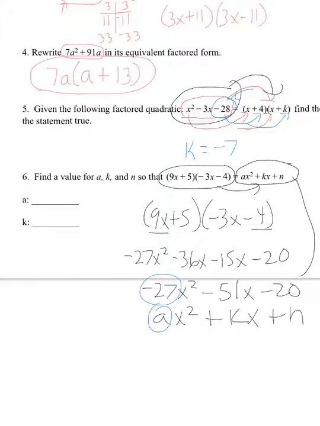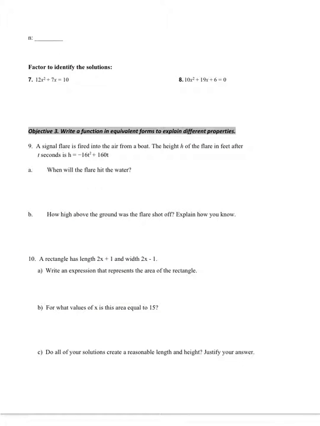So I'm going to write negative 27. What is the k? The k is negative 51. Put that right there. Okay? And if they asked you for what the n was, the n would be negative 20. They might ask you on the next page. I can't remember. Okay? All right, let's move to the next page. Yep, there's the n. So that's where we put the negative 20 right there.